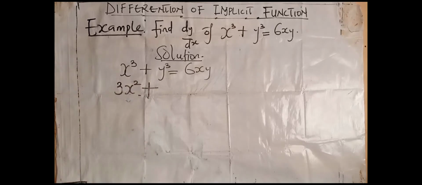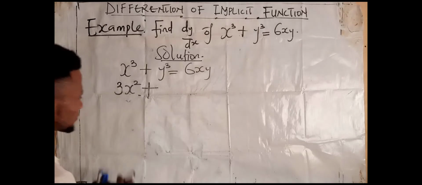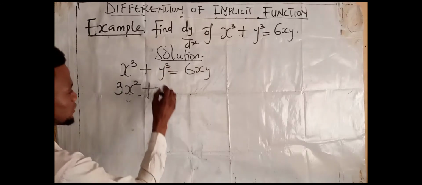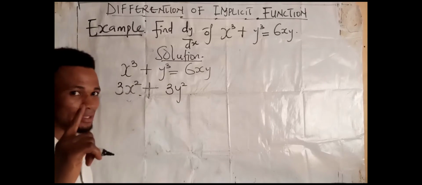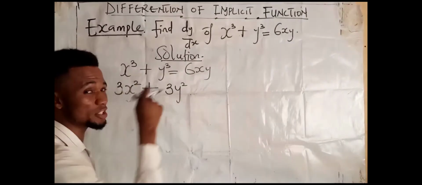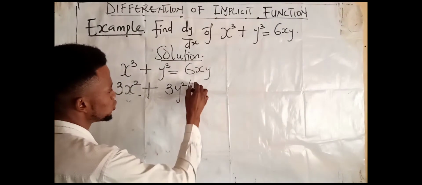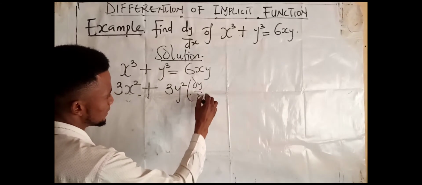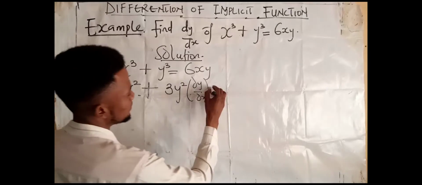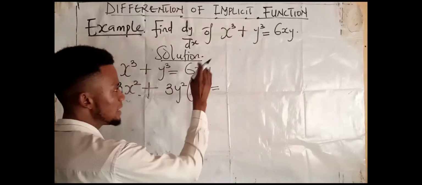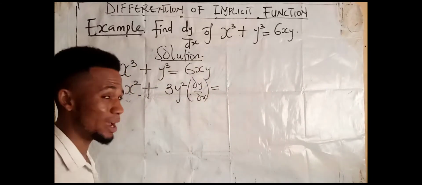Plus, if I differentiate y here, this is going to give me 3y squared. Don't forget that anytime you are differentiating y, you must include dy dx to serve as the differentiation of x. This is equal to, here you are going to differentiate it twice.